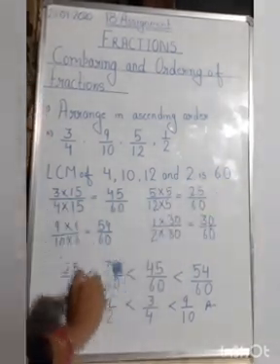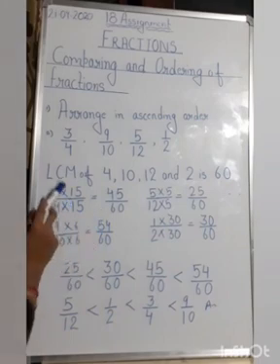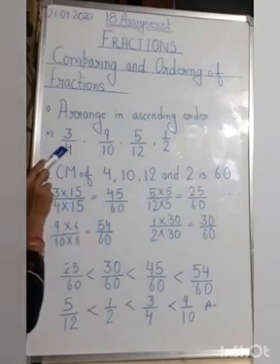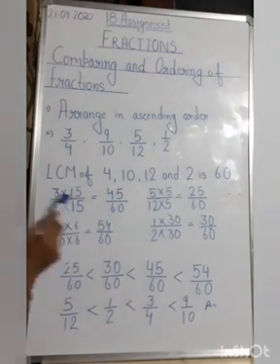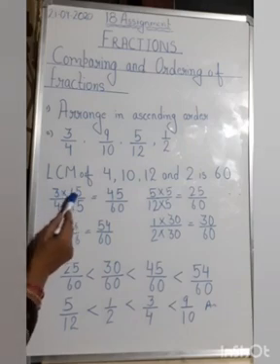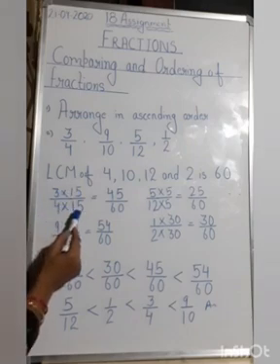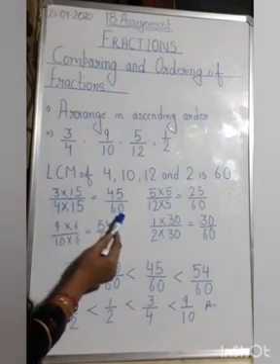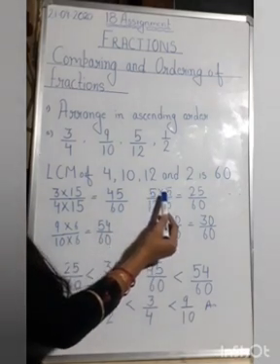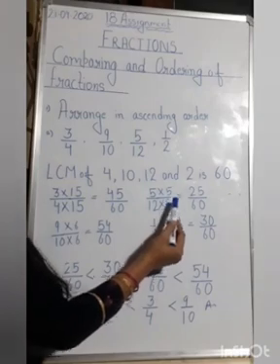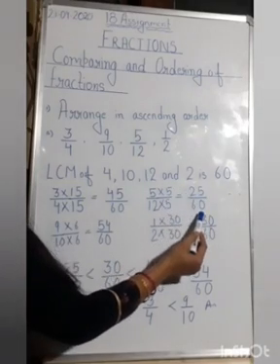Now similarly, as we have done in the previous question, convert 3 by 4 to an equivalent fraction with the denominator 60. I multiplied both the numerator and the denominator with 15 and got 45 by 60. Next is 5 by 12, and I multiplied both the numerator and the denominator with 5 and got 25 by 60.